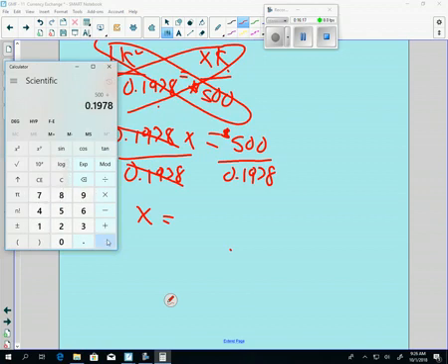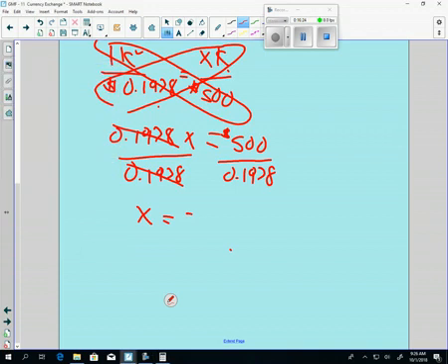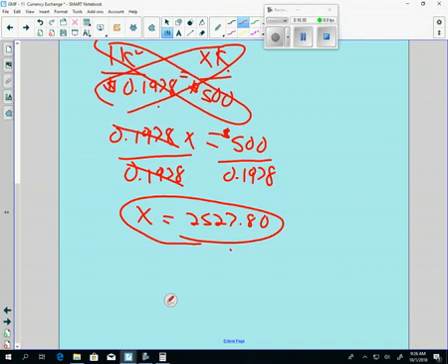Should be a pretty big number. 2,527.80. So I'm going to get almost over 2,500 kroner for $500 Canadian. So when I go to Denmark, I can buy stuff with their money, and it'll be about $500 worth Canadian that I have with me.